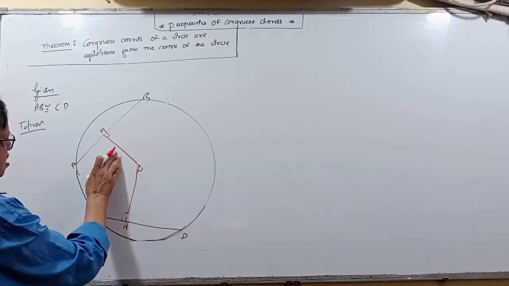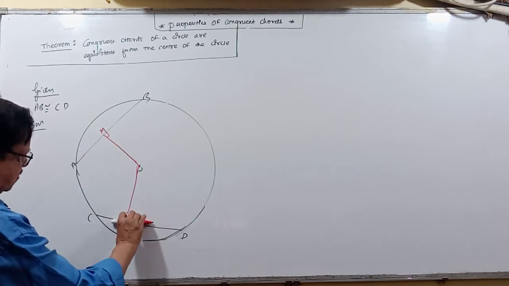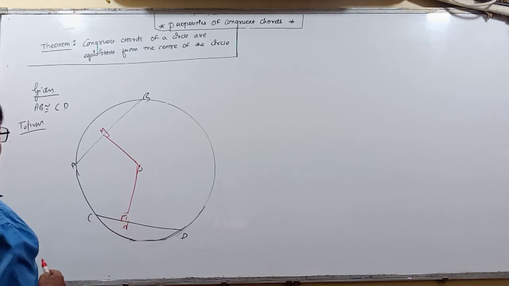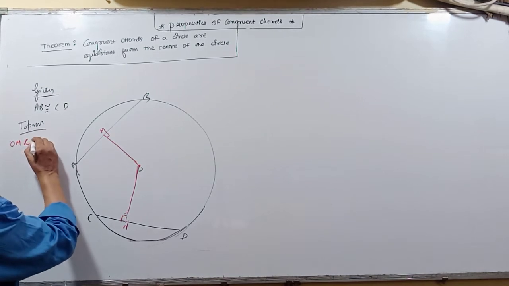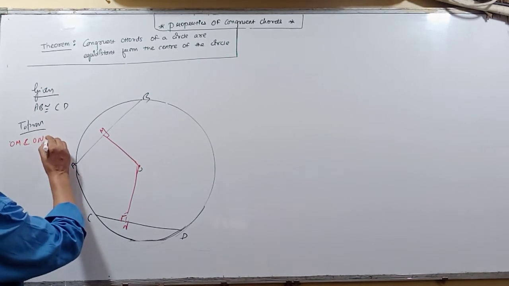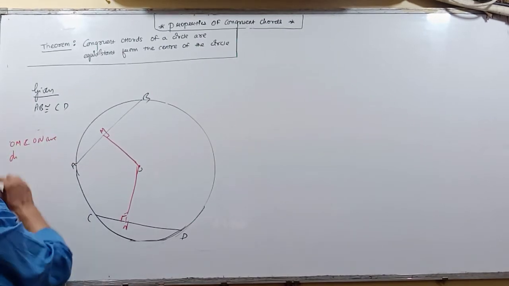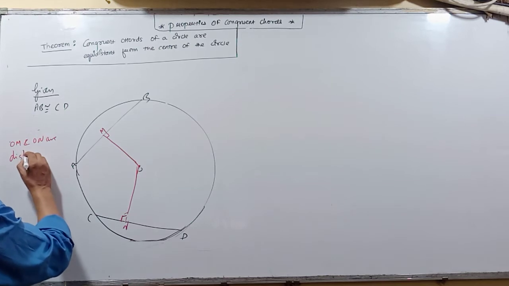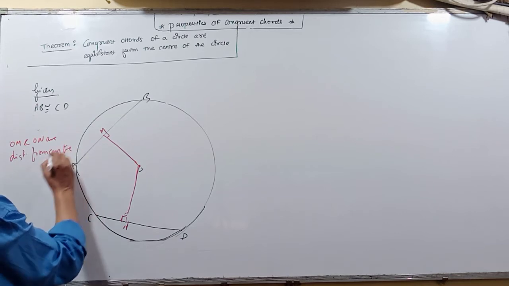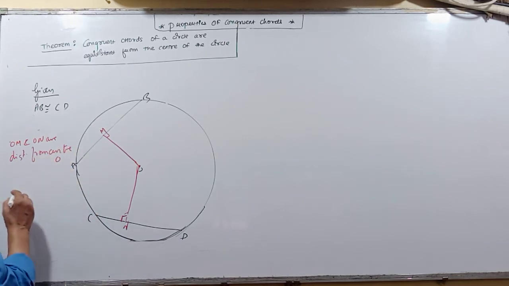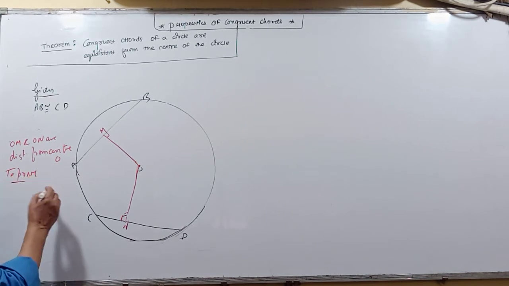OM is the distance of the chord from the center. ON is the distance of this chord from the center. Now that is what we have to prove. To prove, OM and ON are distances from center O. क्या prove करना है?